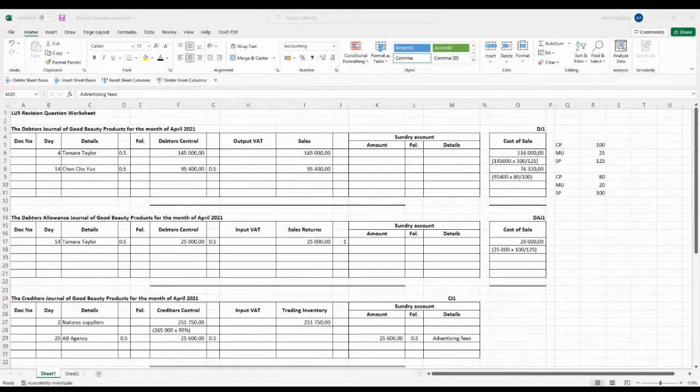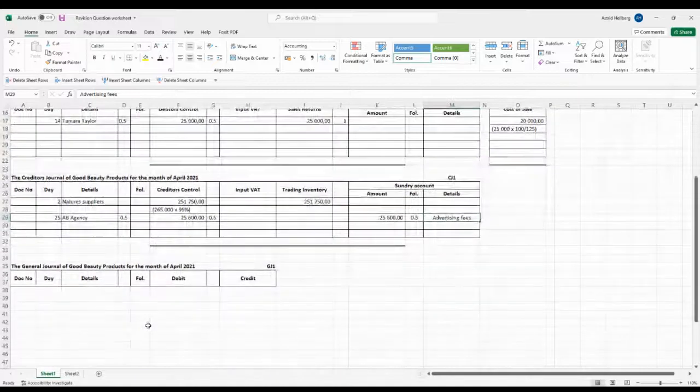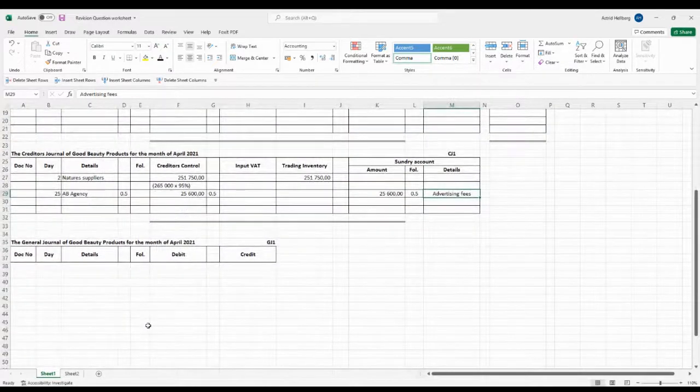Okay, apologies about that. Okay, so then on the 27th, Good Beauty Products gave Chin Cho Chung a settlement discount of 3,000 Rand. Now, because he gave a discount and it does not fit into the other journals, we will have to capture that transaction in our general journal.